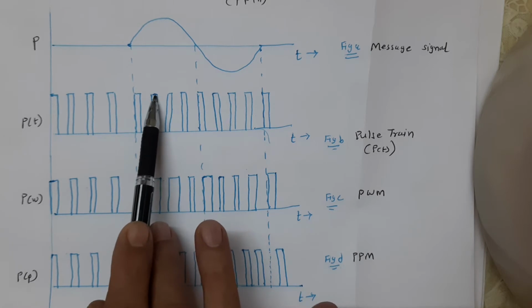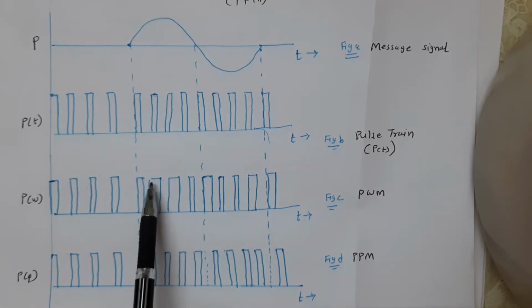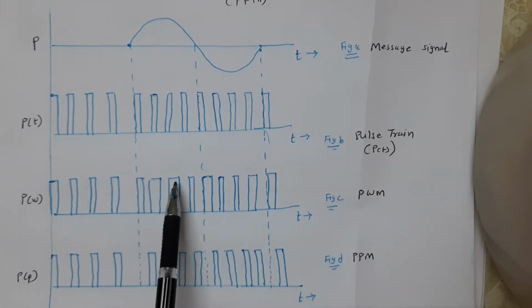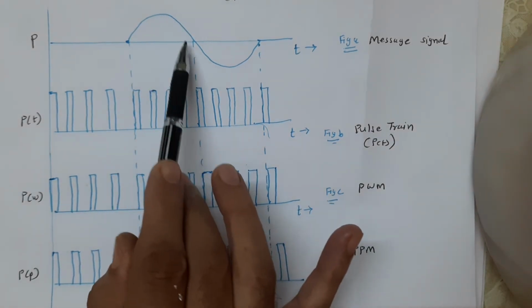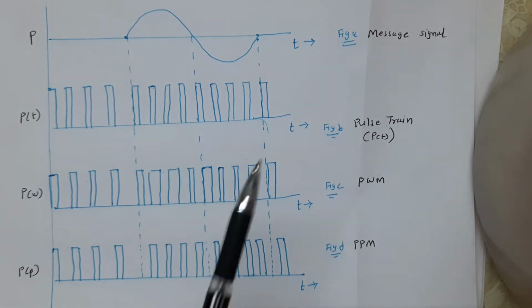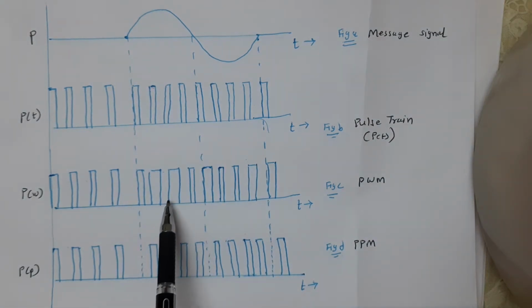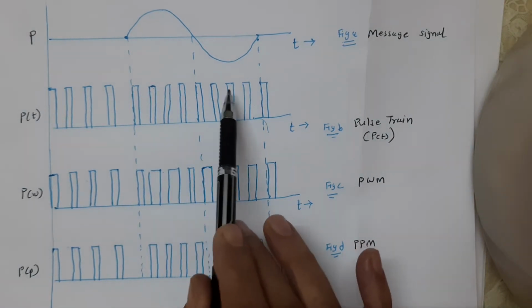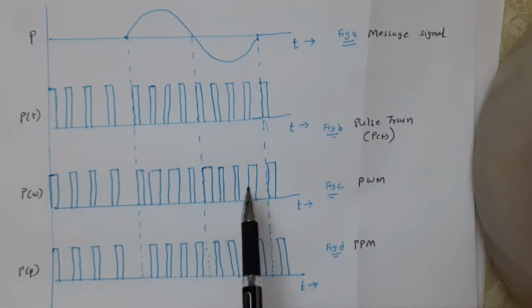Instead of this much thickness, we get more thickness. That means the width is more depending upon the amplitude of the message signal. So this is your pulse width modulation. There is a change in the width of the train, and this is your final PPM. That means the conversion and generation of the pulse position modulated waveform.